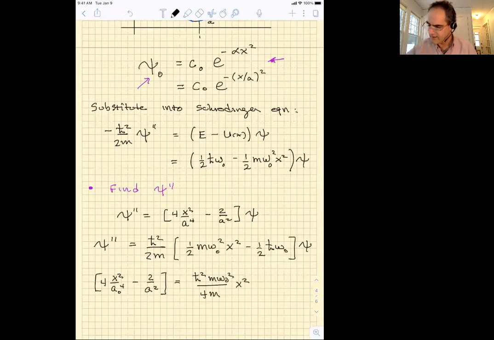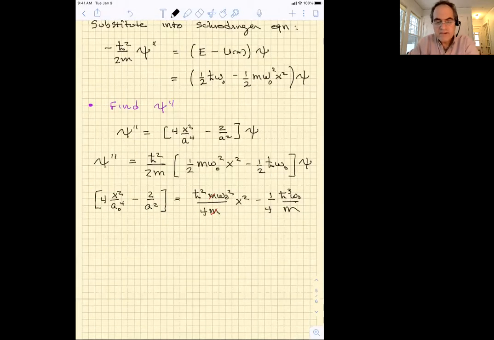Oh, I noticed that the m's are going to cancel here. And the second term is minus 1 over 4 h bar cubed omega naught divided by m. Okay? Looks a little messy, but it'll clean up in just a second.